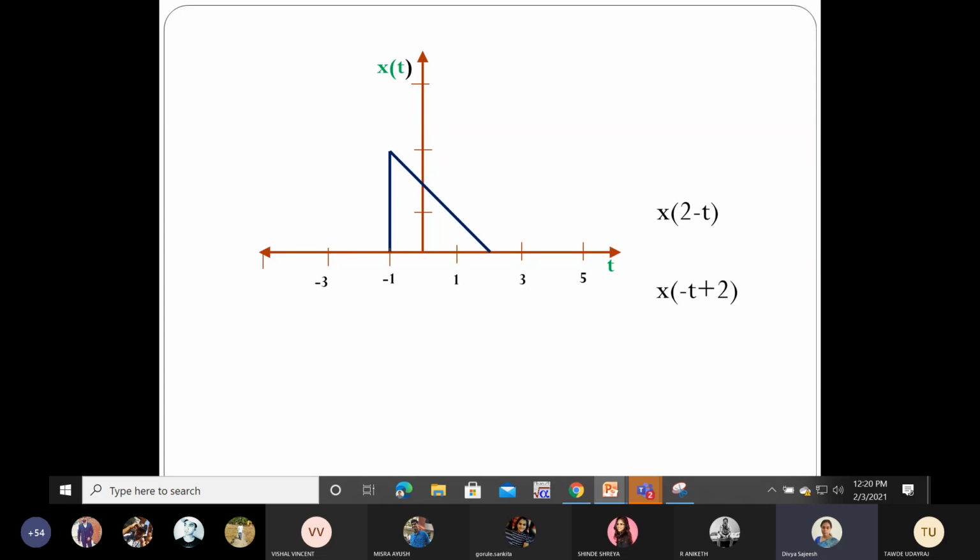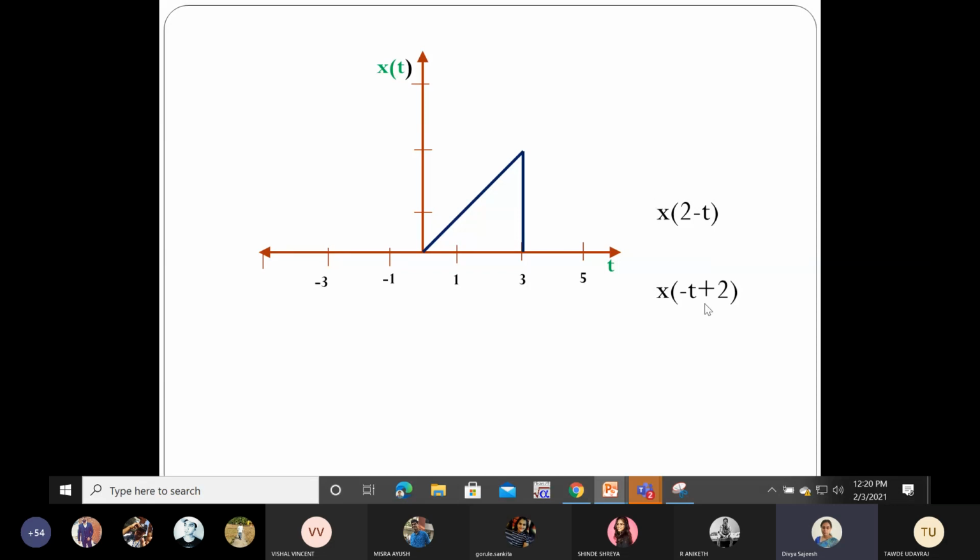So again I am repeating, first you do all the shifting process, then do the scaling, then do the reflection of the signal. If the process contains multiple operations, then you follow this procedure. So your original signal was x of t, this one. You have to go for the operation x of 2 minus t.